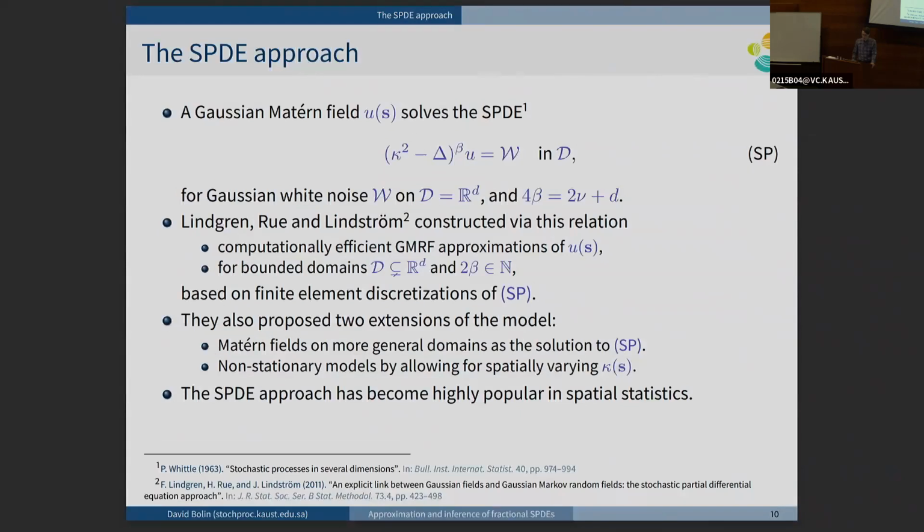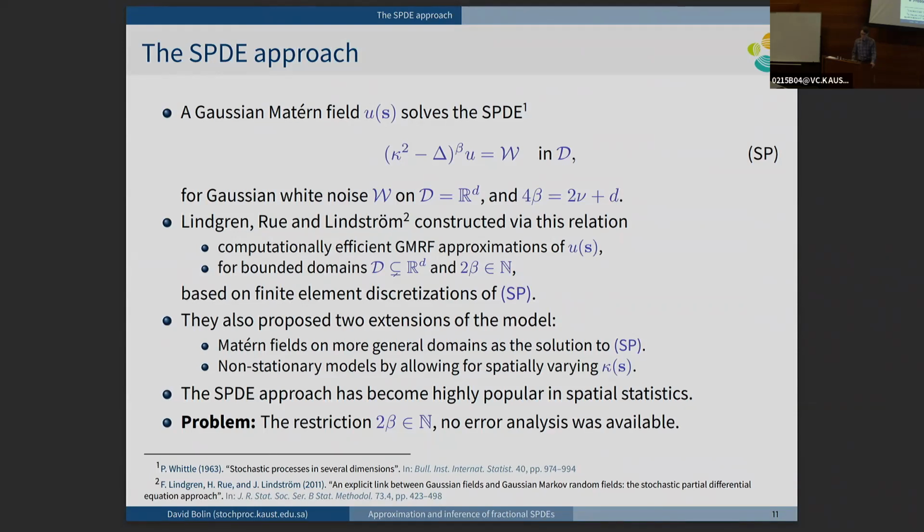Right. So because of these advantages, this has become highly popular in spatial statistics over the last 10 years. Now, when we started working on what I'm talking about today, the problem we wanted to address was this restriction of an integer smoothness parameter, and further that there was no formal error analysis available for this finite element method.